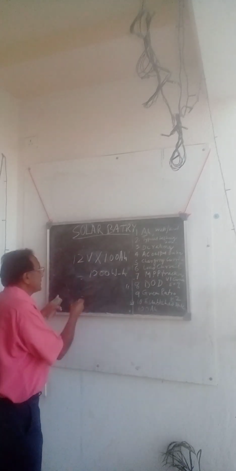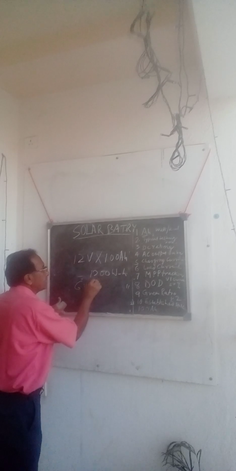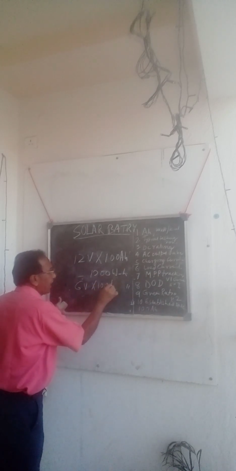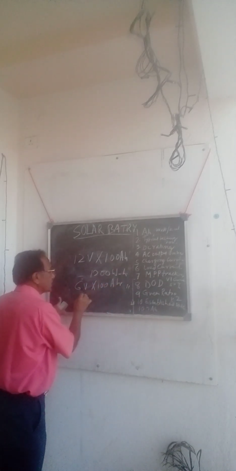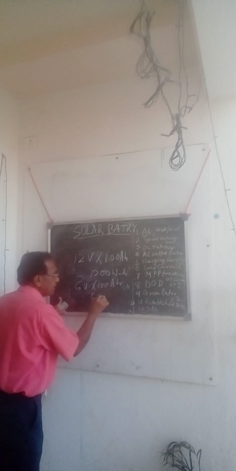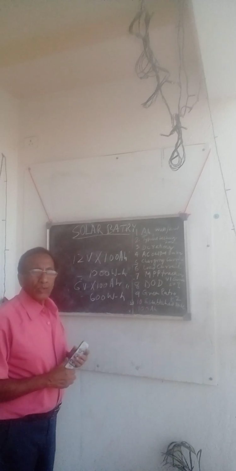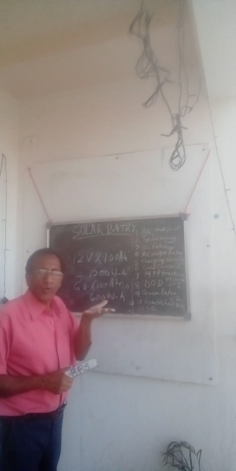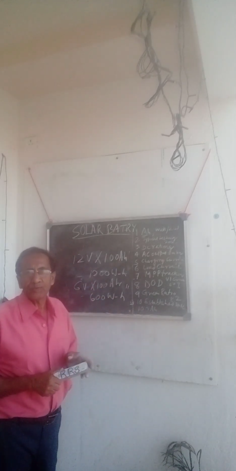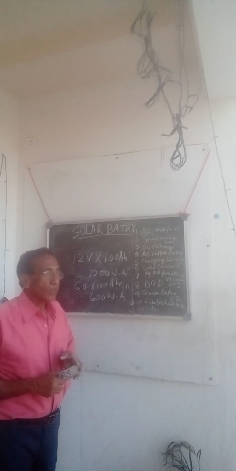If the working voltage is 6 volt, then 6 volt into 100 ampere hour is equal to 600 watt hour. So this much energy is required for the full charge of the battery.